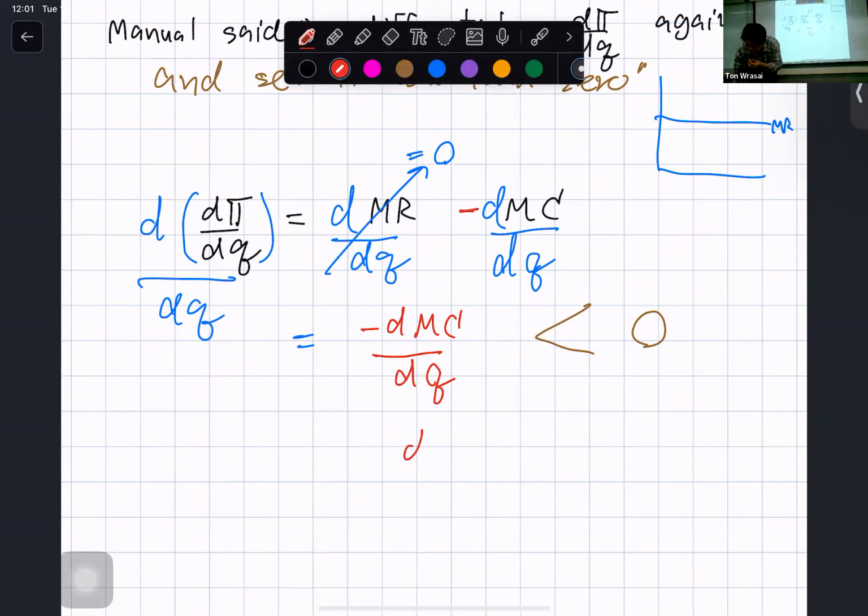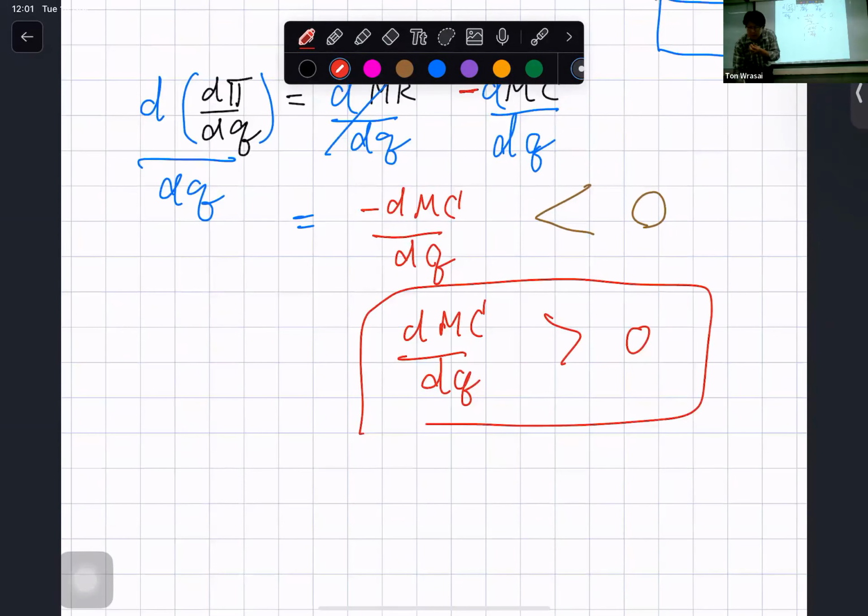We have got the mathematical language of the second requirement. It said you have to choose Q where the marginal cost curve is on the rise, marginal cost is rising. This says the slope of MC must be positive. You decode this language: slope of MC must be positive.